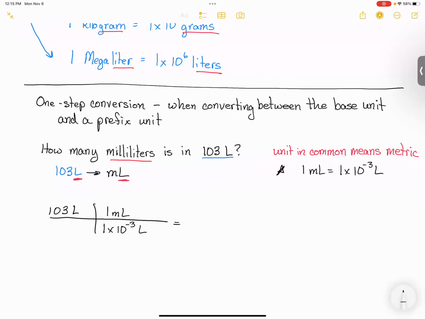Keying that into the calculator, you get 1.03 times 10 to the 5 milliliters.